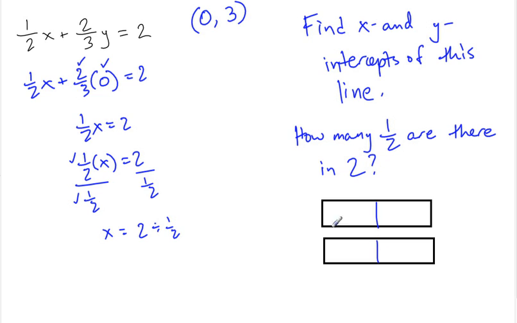Well, here's a half. Here's a half. Here's a half. Here's a half. We can clearly see there's 4 of them. I don't have to remember any of that copy, switch, flip stuff. I just draw pictures. x equals 4. So when I put in 0 for y, I get 4 for x.